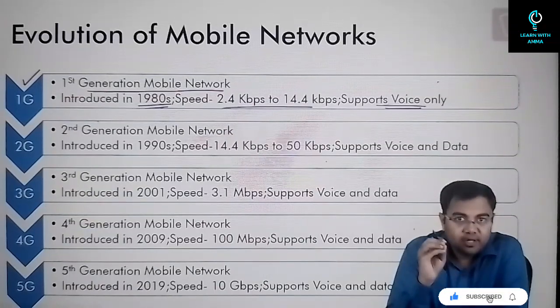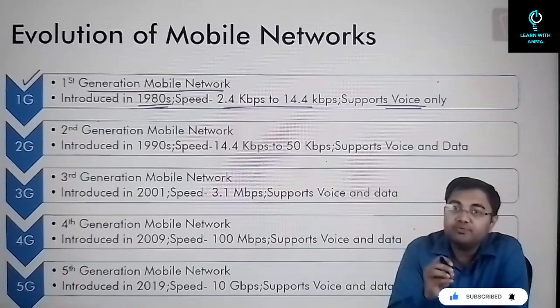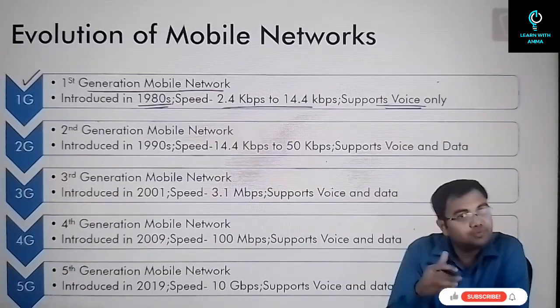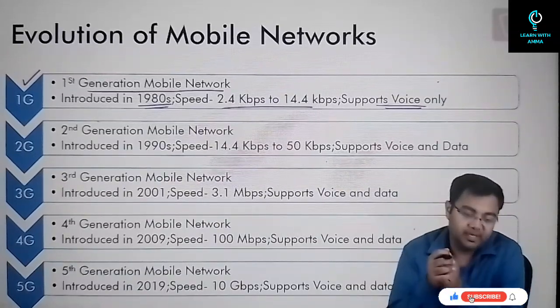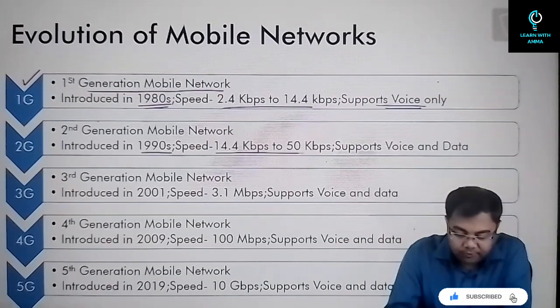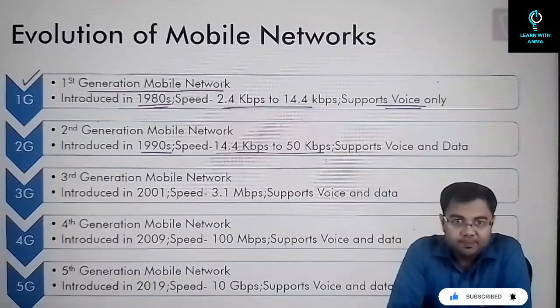So although internet was introduced on the mobile phone, its use was very limited, and it could only support a very small amount of data. Introduced in the 1990s, speed between 14.4 and up to 50 kbps, and it supports voice and data.